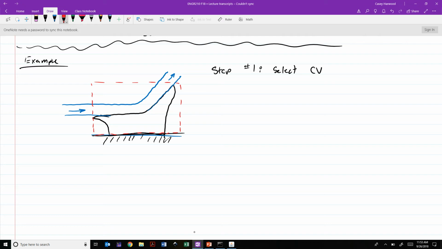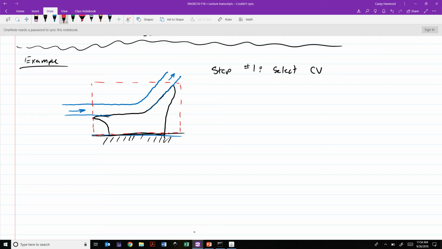And so the sum of the forces would represent the forces acting on the vane exerted by the ground below it. That's actually what we are looking for, the anchoring force on the vane, as well as any forces such as pressure acting on the surfaces of the control volume.